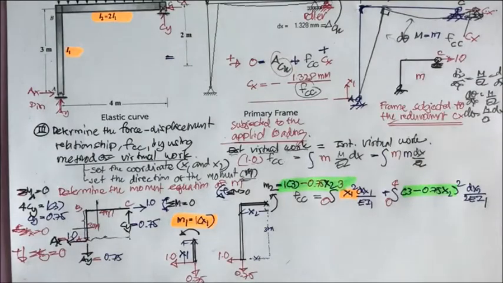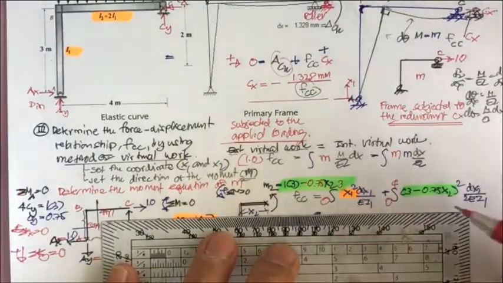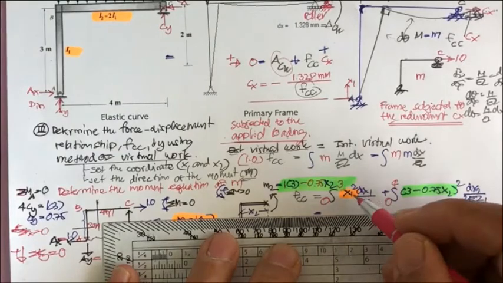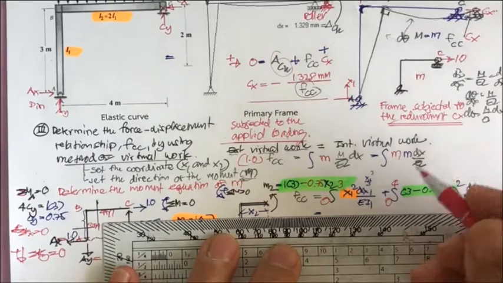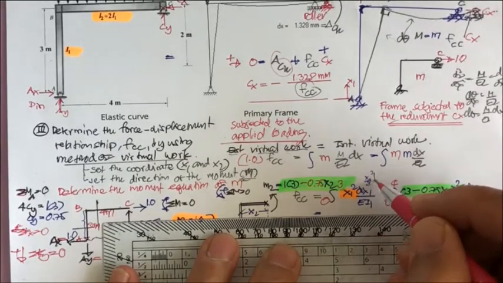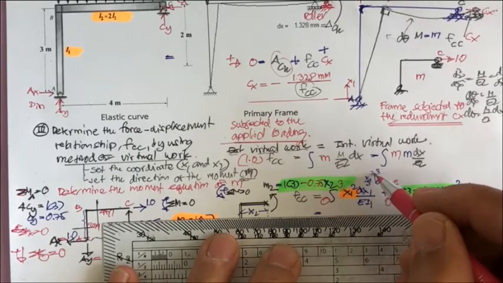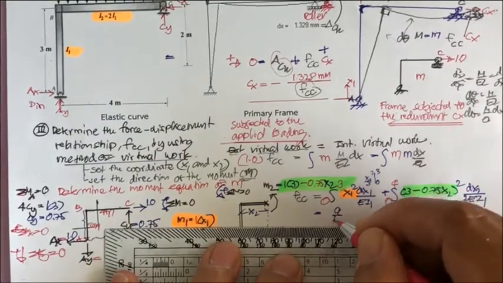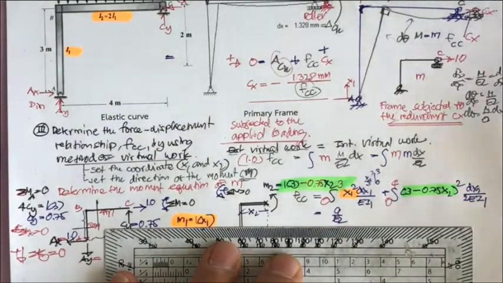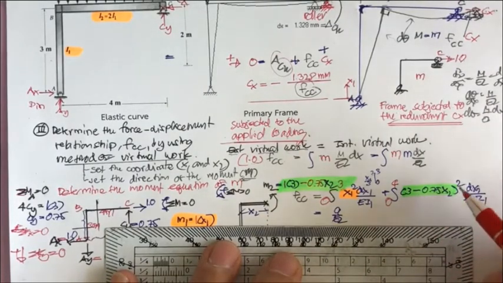If you do the integration, you do it carefully. And you will get this one equal to, this term is going to be x1 to the power 3 by 3, from 0 to 3. So this is going to be 3 to the power 3 by 3, which is 27 by 3, which is going to be 9 over EI. Okay. And you do this again. If you like, you may separate this by your integration.